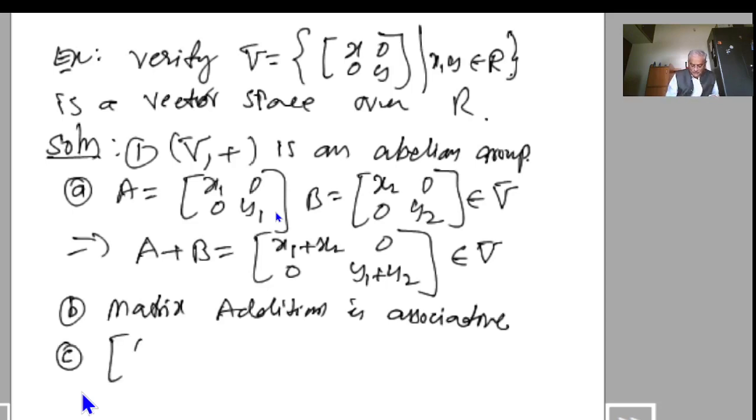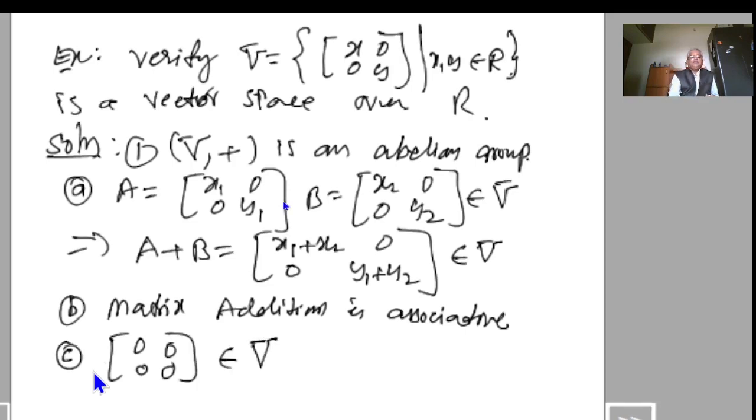C, this is the matrix belonging to V. Okay, this 2 by 2 matrix where these two are zeros. These two need not be non-zero, maybe zeros, but these two must be equal to zero. And here, in particular, 0 is an element of R. Therefore, this is an element of V. This is the identity, or we say that it is 0.